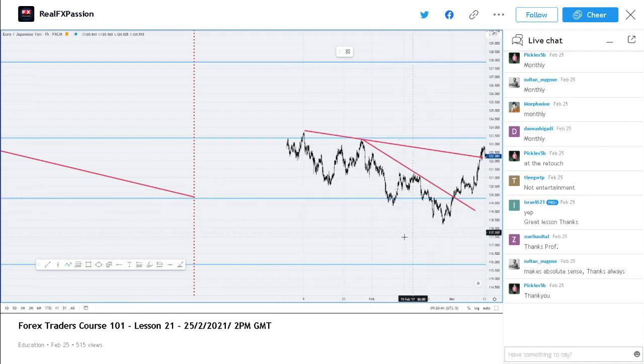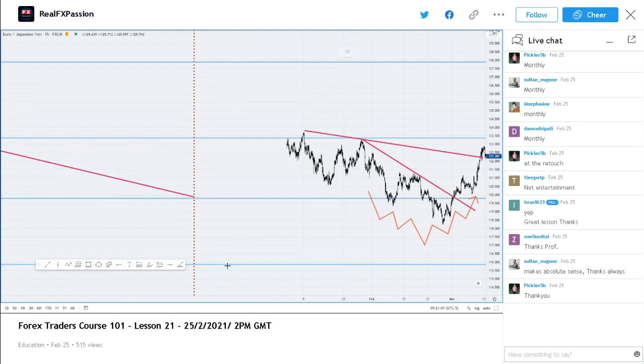Now, do you agree that the market was making lower lows, lower highs, and it's reversing, making higher highs, higher lows? Do we agree that the market changed the short-term trend? The market's making higher highs, higher lows, right? You can say yes, you can say no, you can say I don't know.